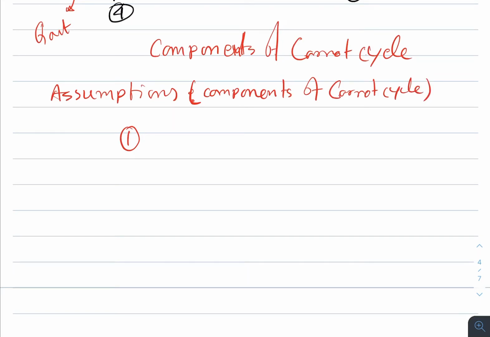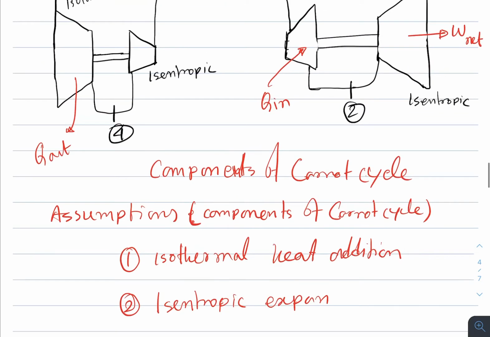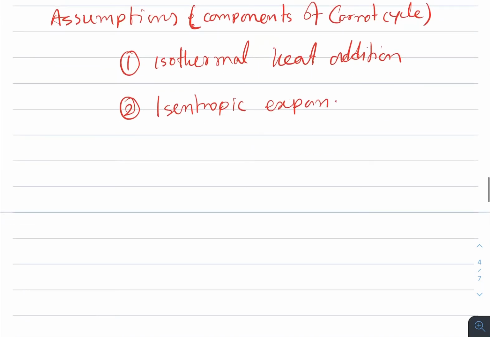Number one is isothermal heat addition, number two is isentropic expansion, which we saw in the bigger turbine, which is this one.